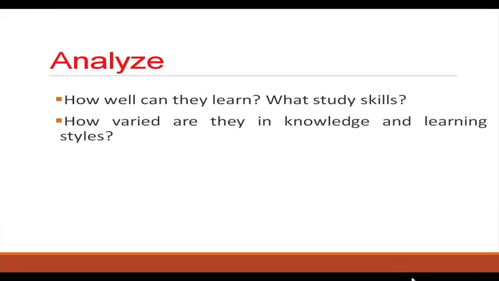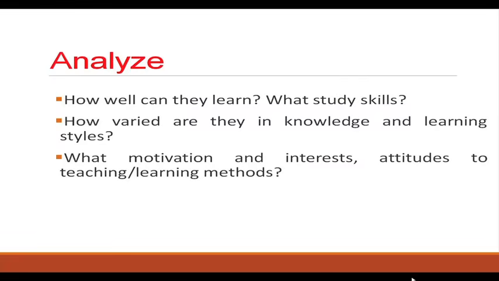What relevant knowledge and skills do they need to learn, and what do they already know? How well can they learn, what study skills do they have, or how varied are they in their knowledge and learning styles, because different learners are there.